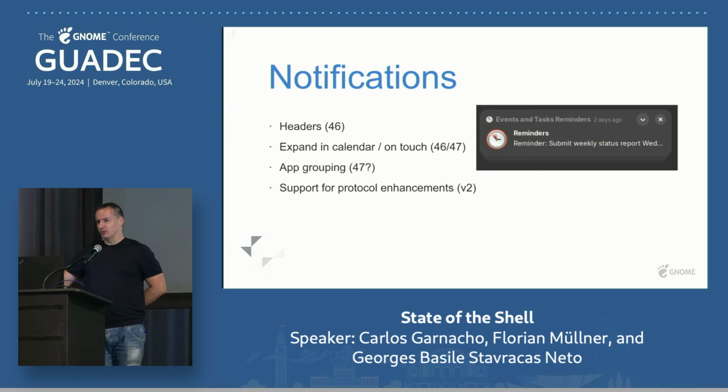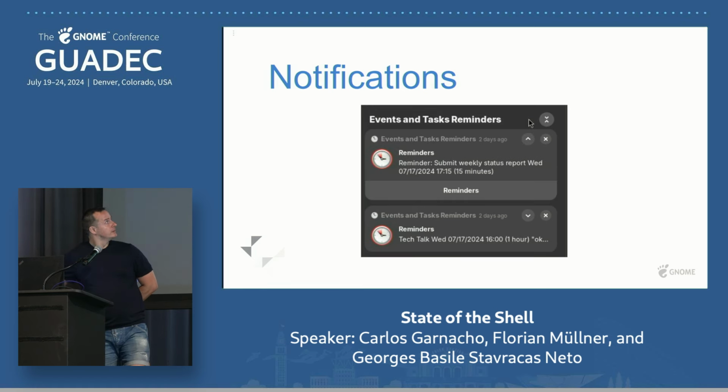Some of the work involves protocol changes, additions to the notifications portal. This is still under discussion, so it won't make it to 47, but hopefully in 48 applications can make use of those new APIs. This is how a group notification would look when it is expanded.